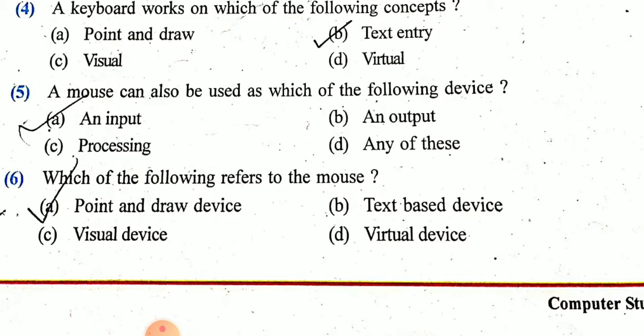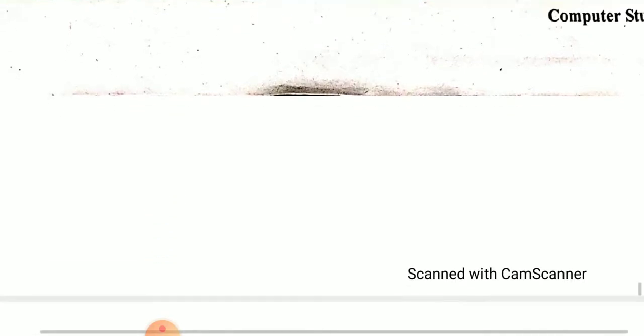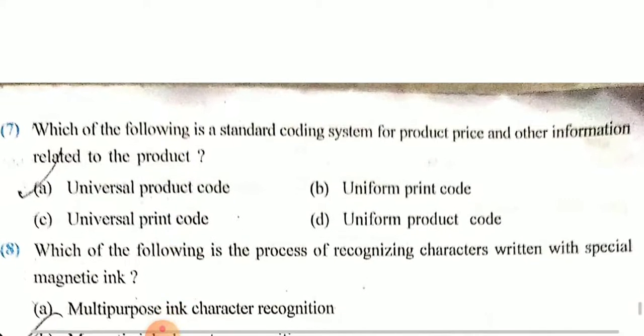Now move to your sixth question. Which of the following refers to the mouse? Your options are: A. Point and draw device, B. Text based device, C. Visual device, and D. Virtual device. So here your answer will be point and draw device. Understood? Now next question.